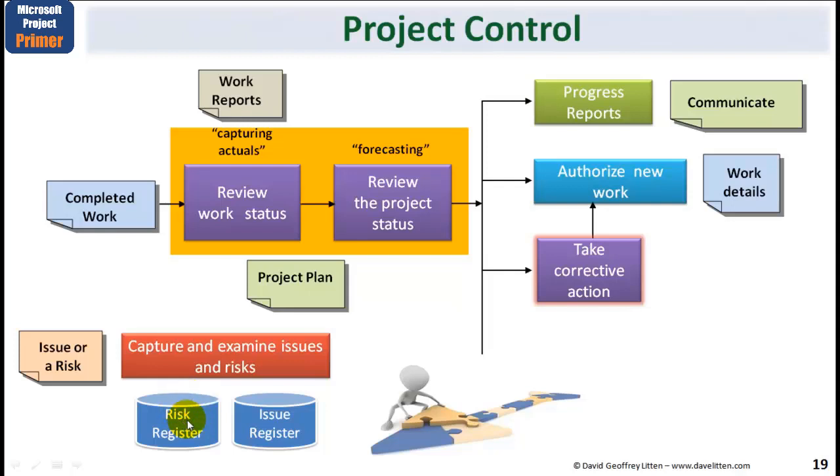And this is used to help the project manager manage such issues and risks. And it's as a consequence of these arising that the project manager may need to take some form of corrective action. But the way in which we know whether that's necessary is because these issues and risks are part of reviewing the project status, and on the basis of that, seeing what the new future looks like, and if necessary, take such corrective action.